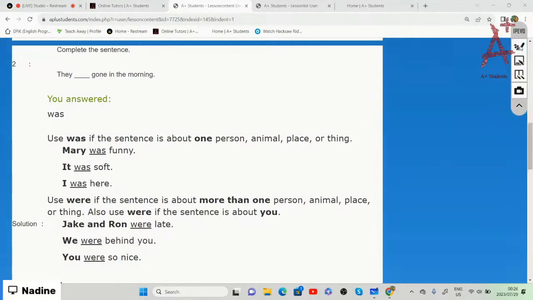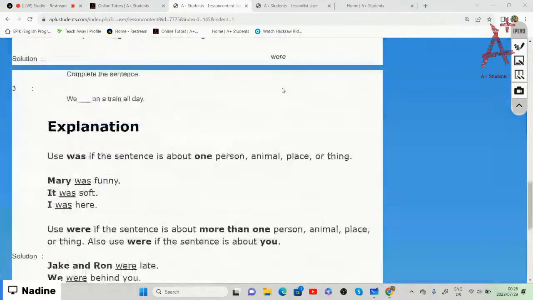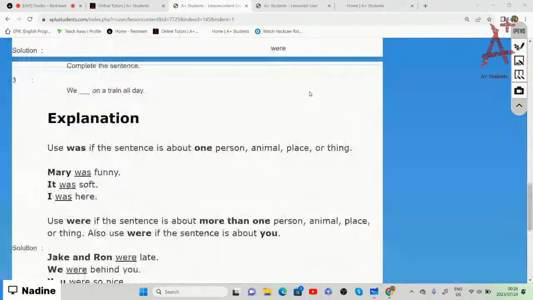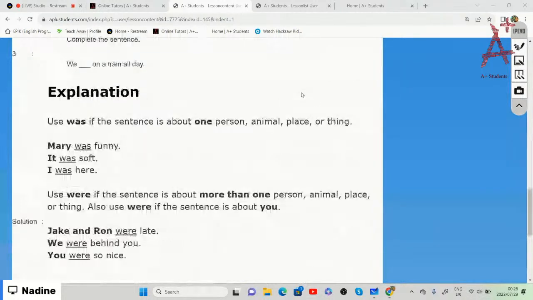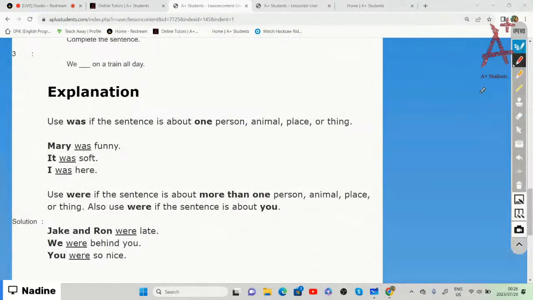All right. We. So do we say we were on the train all day, or we was on the train all day? And remember, we say that if we are referring to more than one person, place, animal, or thing, then we say we were. So were, because it refers to more than one.